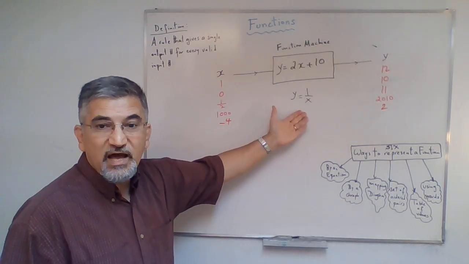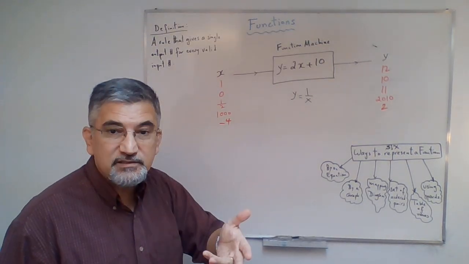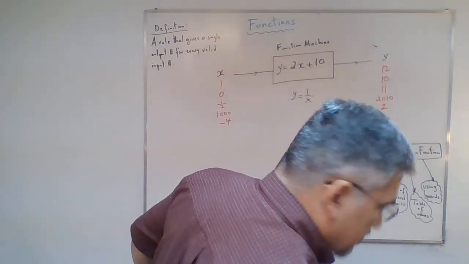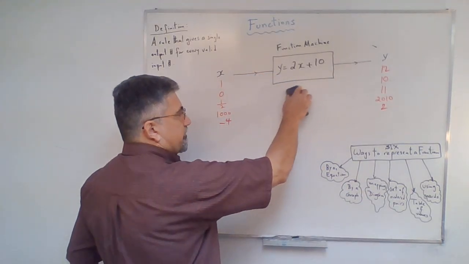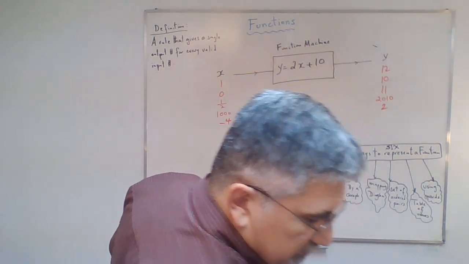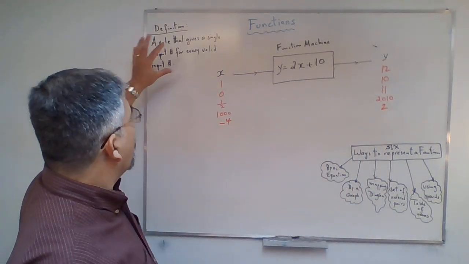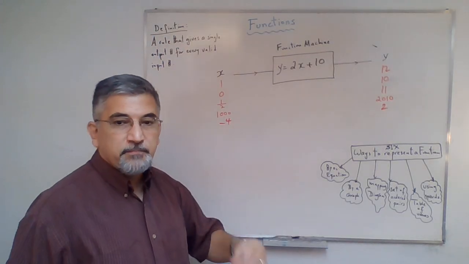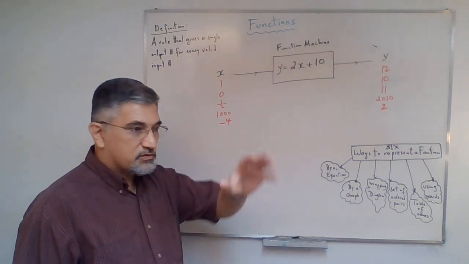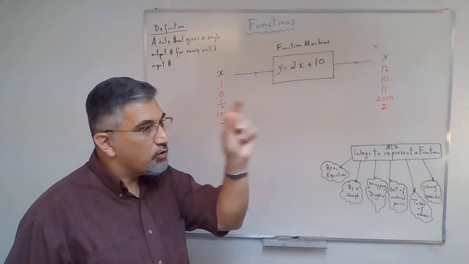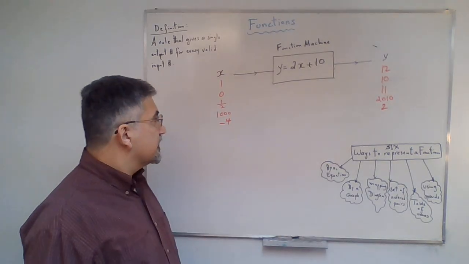Like here, 0 is not valid, but 1 and 1/2 are valid. We will talk about this extensively later on, but I just wanted to explain word by word what is the meaning of this so-called function. This definition, we understand, but word by word, what's going on.